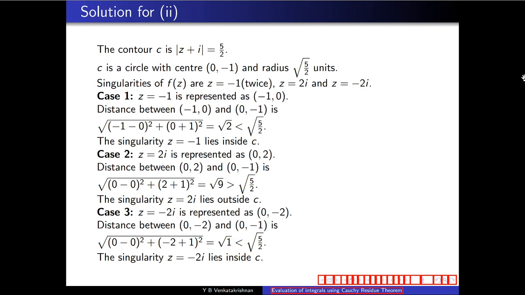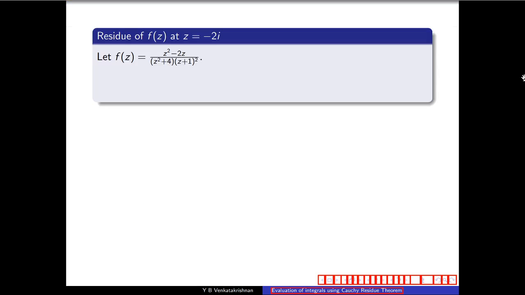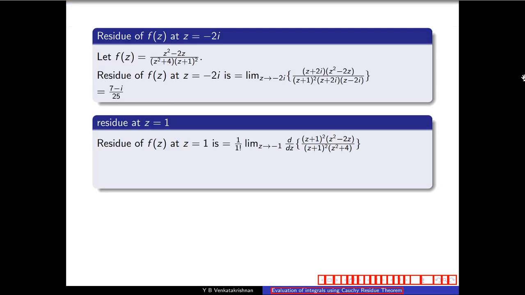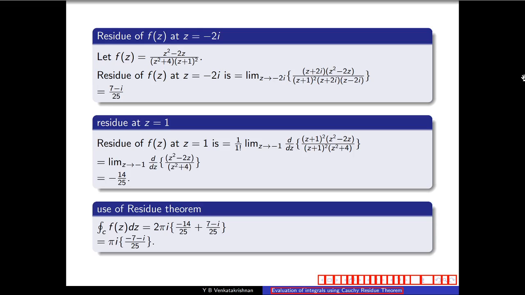In the first part, I have calculated the residue of the function f of z at z is equal to minus 1 and z is equal to minus 2i. That turns out to be minus 14 by 25 for z is equal to minus 1, and 7 minus i whole divided by 25 when z is equal to minus 2i.